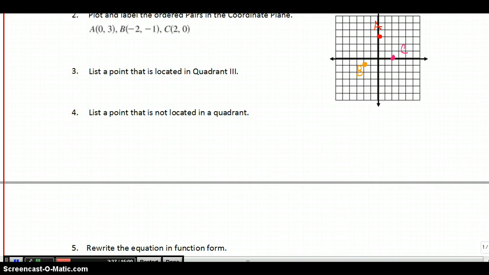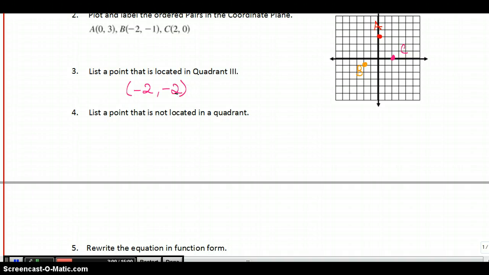Okay, now I may ask you to list a point that's located in a particular quadrant. So list a point that's located in quadrant 3. Now with quadrant 3, I know 1, 2, 3, it's right here. So I know my x values are negative, my y values are negative, so I can list any point like -2, -2.